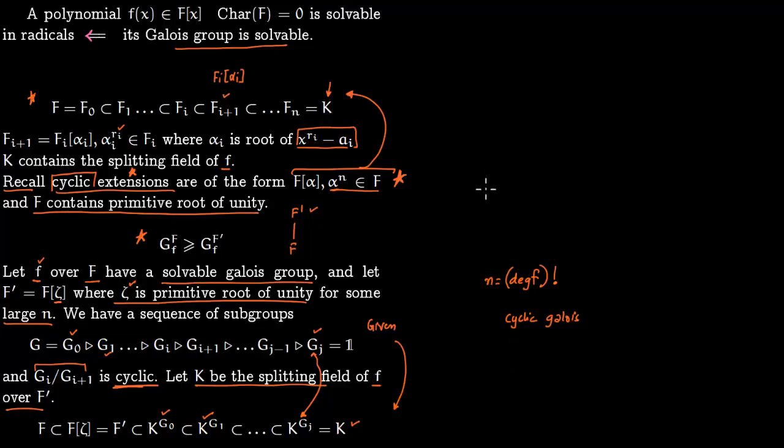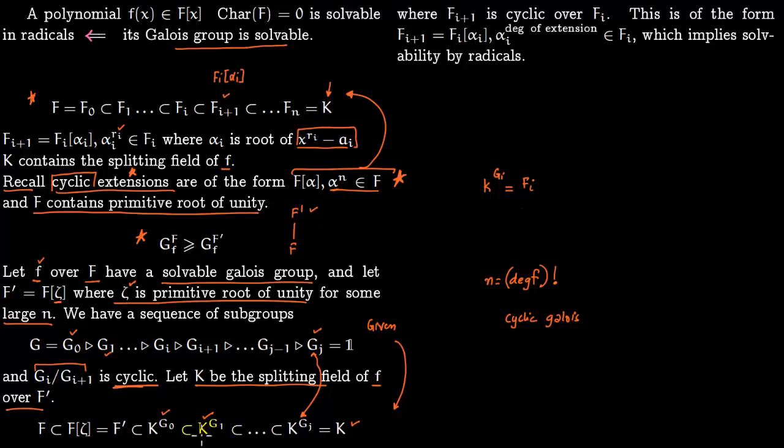Now we just put this K^{G_i} as our F_i. So this is increasing, and you see that F_{i+1} is cyclic over F_i. So the cyclicity comes from here: G_i over G_{i+1} is cyclic, and this gives us this cyclic extension.